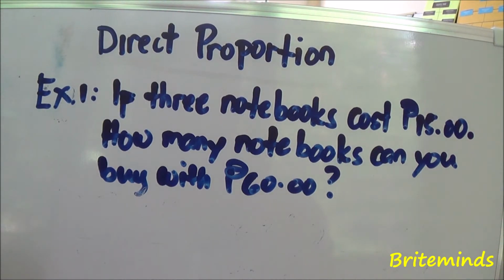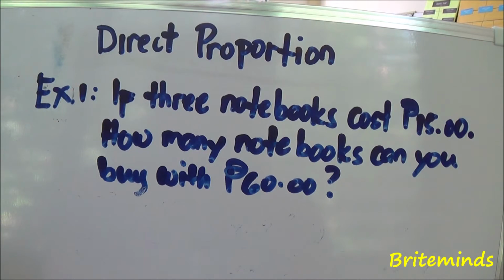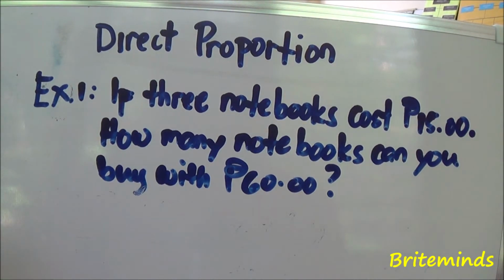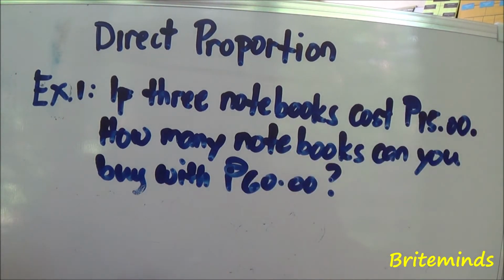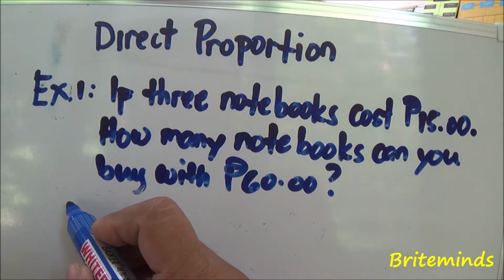In this problem, the variables are the number of notebooks and the cost of the notebooks. The number of notebooks is directly proportional to the cost. The problem is asking how many notebooks we can buy with our money, 60 pesos.